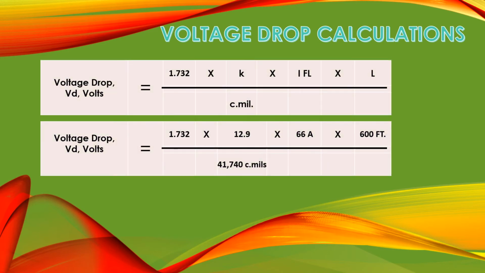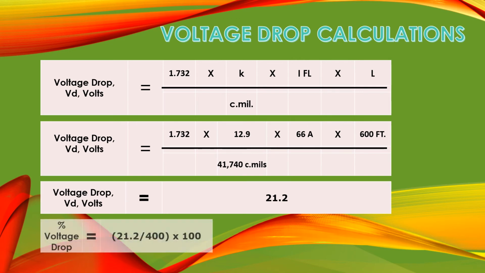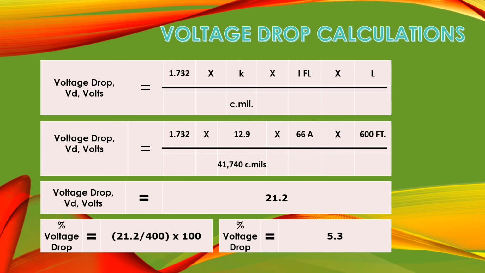Now let us see, we increase more the length of the conductor to 600 feet. So what we get, voltage drop is 21.2 volts, and how many percent? Now it comes out to be 5.3%. So what does this mean?